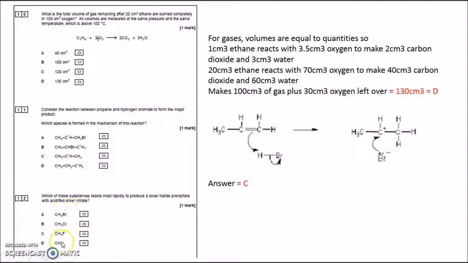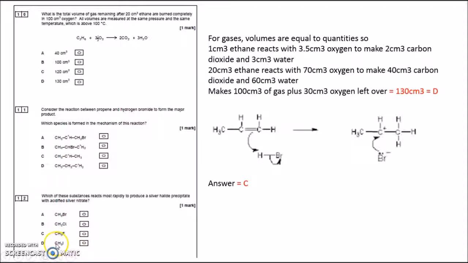The reason for that is because F is the smallest of these atoms. It's at the top of group 7, smallest atom. Next smallest atom is the Cl, Br is the next smallest atom, and I is the largest atom.